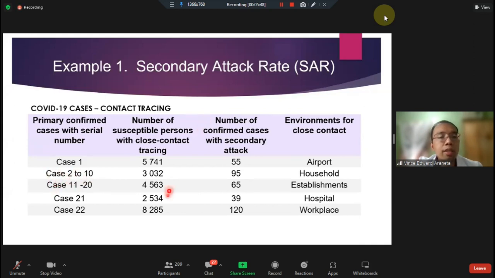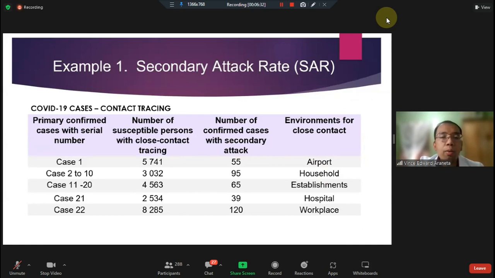What is important here is the number of susceptible persons with close contact tracing to each of the primary cases, and then the number of confirmed cases who develop symptoms of COVID-19 in the environment of close contact. Can you calculate the secondary attack rate for each environment of close contact? Two minutes. You can just chat immediately.